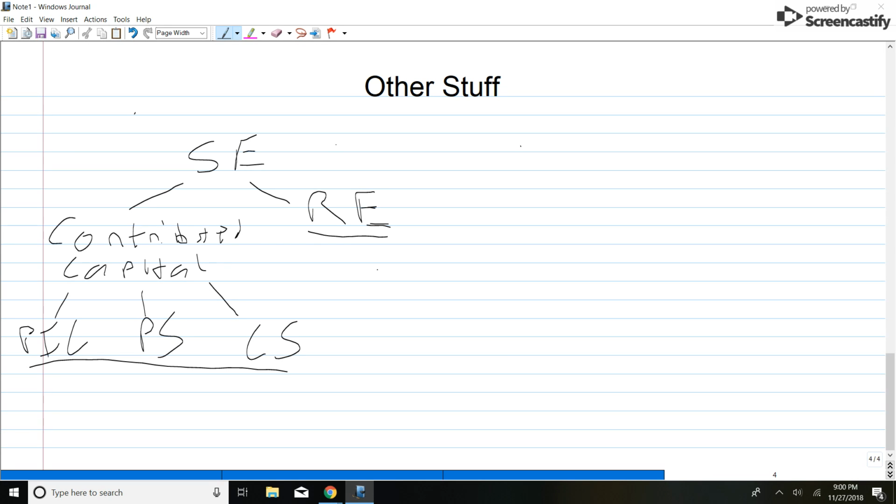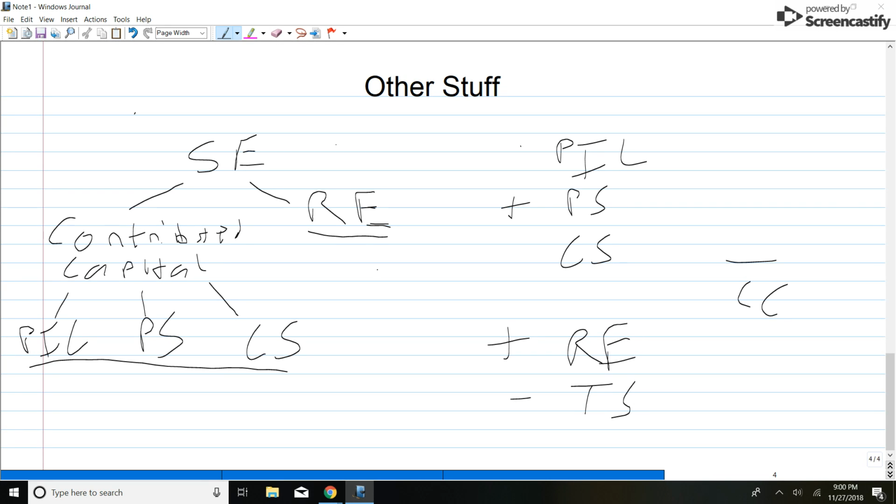So it would look like this: paid-in capital plus preferred stock plus common stock gives us our contributed capital, plus retained earnings, minus treasury stock, and that's going to give us shareholders' equity.